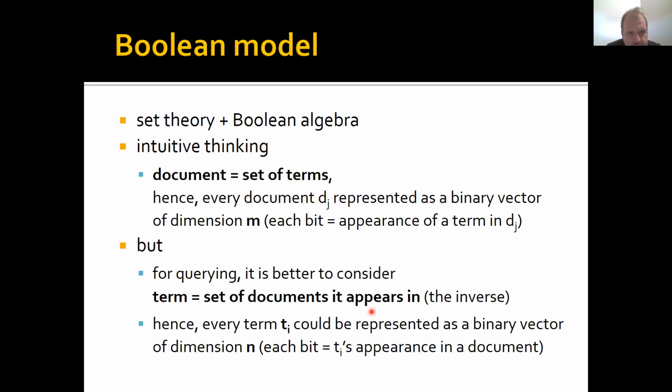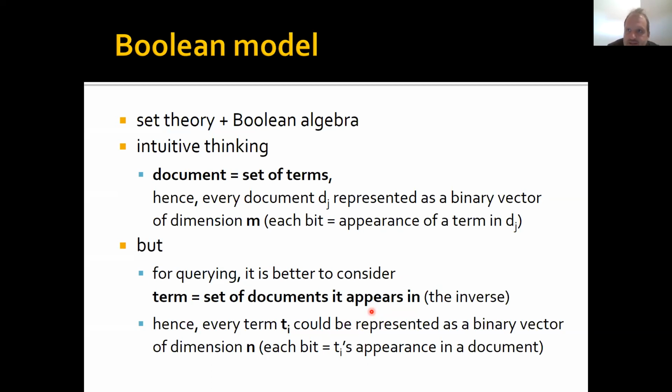Okay, so the Boolean model. In the Boolean model, we have a simple representation of documents based on set theory, and for queries, we use Boolean algebra. It's the simplest model you can imagine, because a document is represented by the set of terms it contains, right? But instead of thinking of documents as sets, we will simplify and represent a document as a binary vector, where the dimension of the vector is the number of terms in the vocabulary.